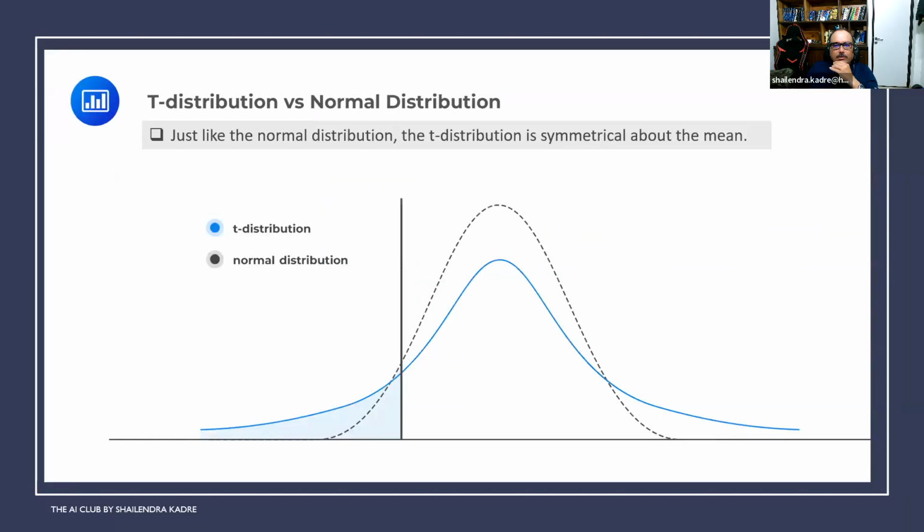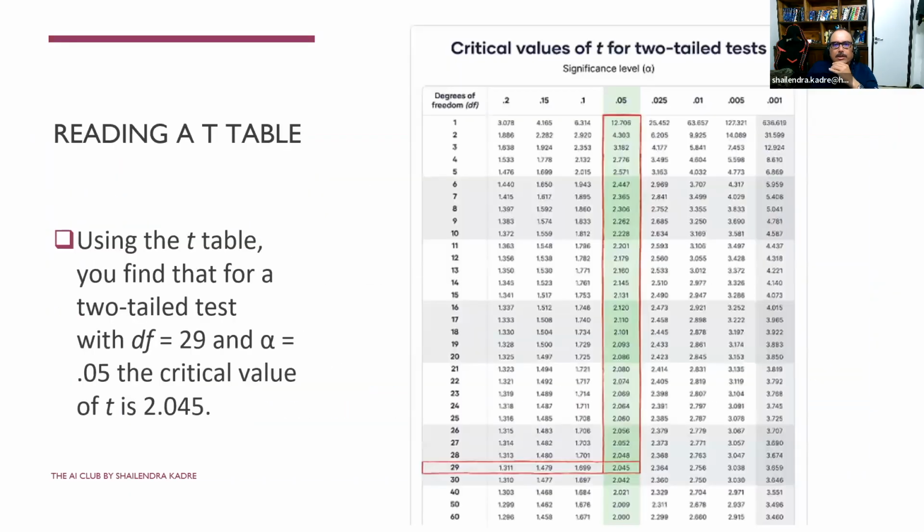Now I will tell you about the T table. Like we studied the Z table in normal distribution, here we'll study the T table. For any problem, you have to find out the degrees of freedom, which are given in the first column.